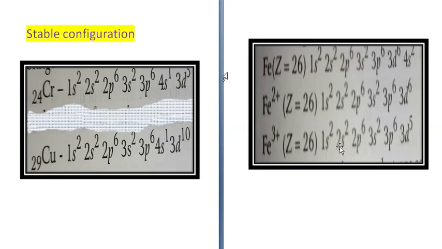Similarly, for Fe3+, first two electrons will be lost from 4s and then the third one will be lost from 3d. So you get 1s2 2s2 2p6 3s2 3p6 and 3d5. So electrons are lost from their valence shell, and then if more are needed, then from the (n-1) d electrons are lost. Okay. So this is about the chapter.